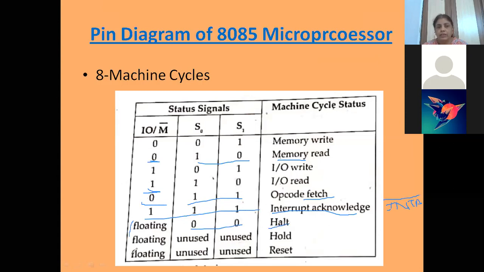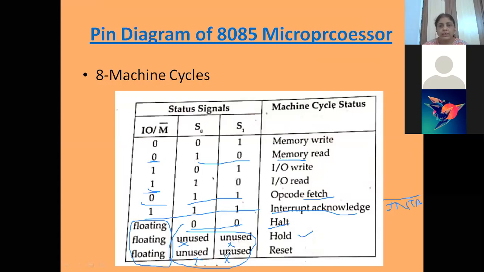नाउ ये जो कंडीशन है फ्लोटिंग कंडीशन और ये अनयूज्ड कंडीशन, hold we will have to cover. Hold and HLDA pin is used for DMA devices, direct memory access devices. तो वो हम पढ़ेंगे. तो unused pin को you can write with X. In some books it is given X. X बताया था मैंने while doing flip flop.